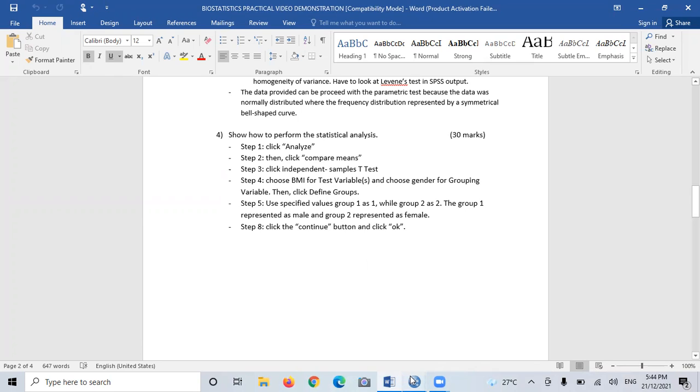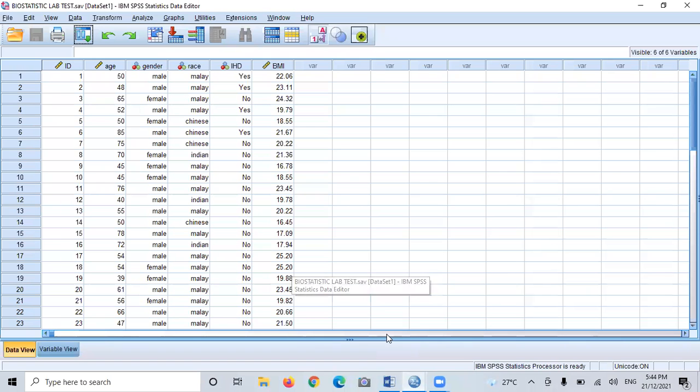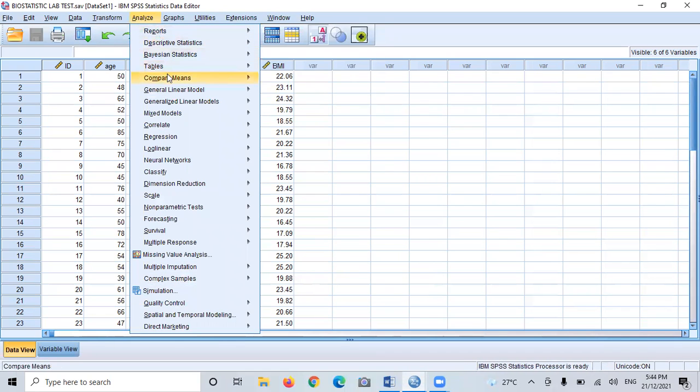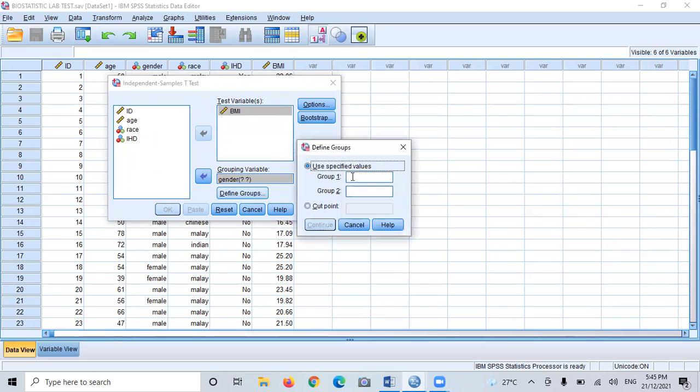So I will show how to perform the statistical analysis. First we go to Analyze, choose Compare Means and click Independent Samples T-Test. For BMI, we put it in the test variables and gender in the grouping variable. Then we click Define Groups: group 1 as 1 and group 2 as 2.